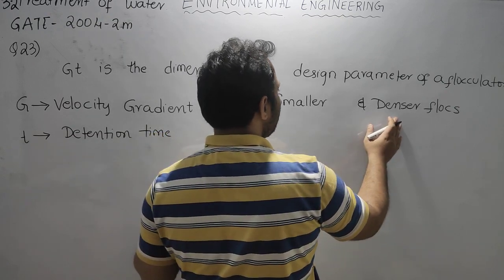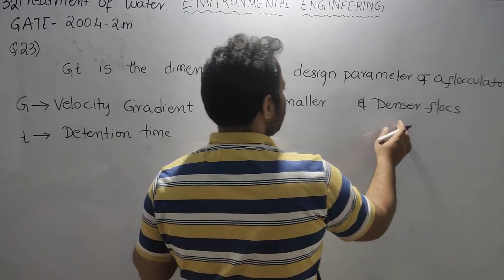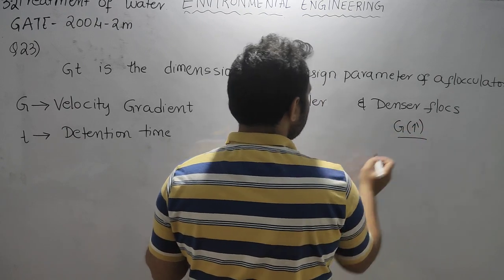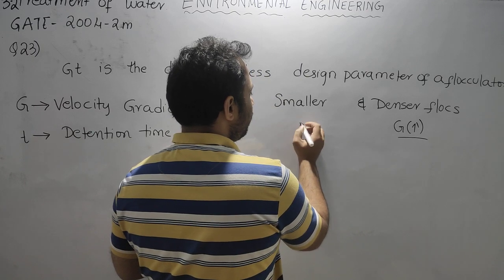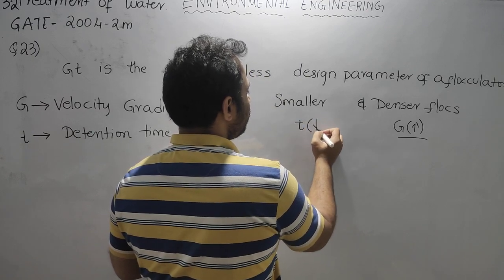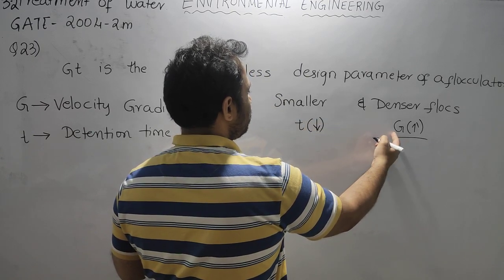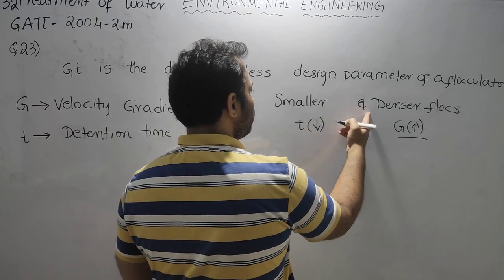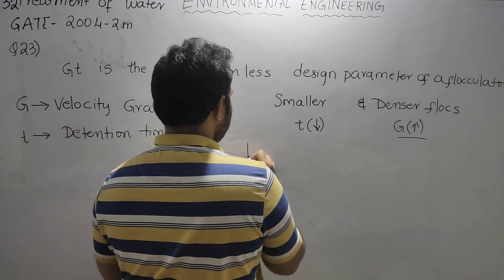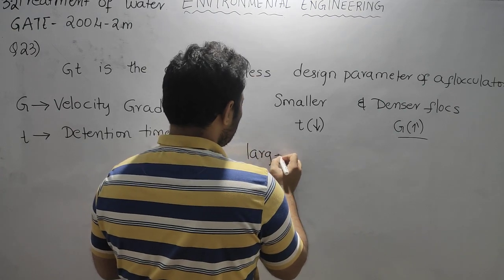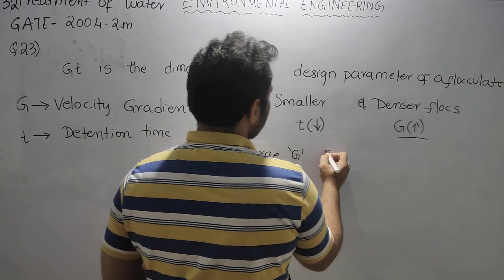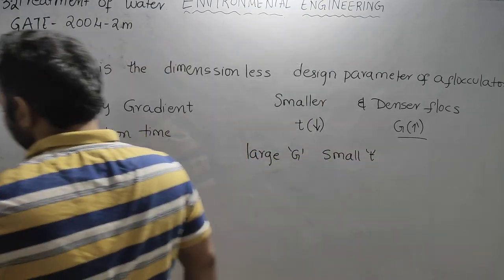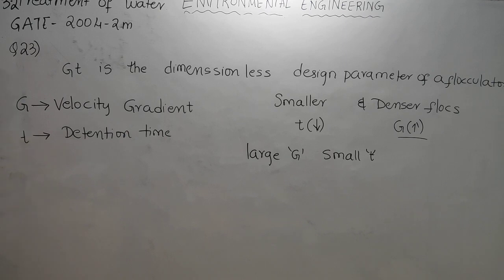So we want denser but smaller. So we need to put a large amount of G to have denser flock, and for smaller size you give that larger G for a smaller time. Then it will provide smaller but denser flock. So our combination is large G, small t. This is the combination required.